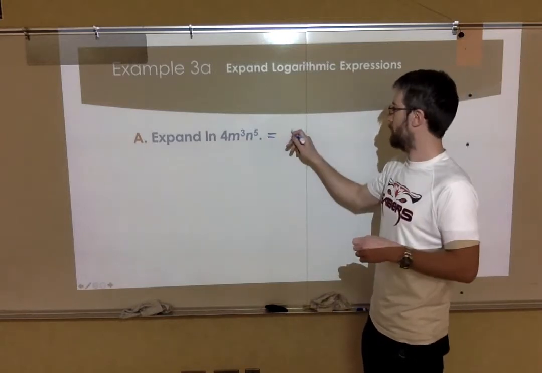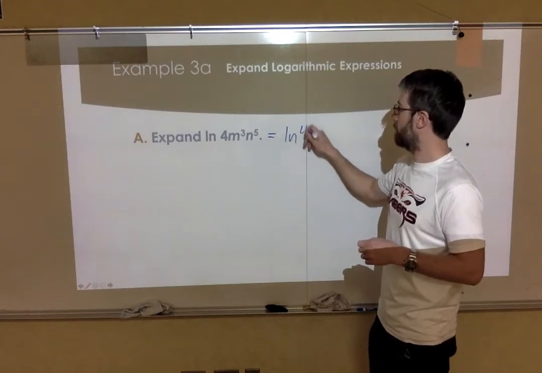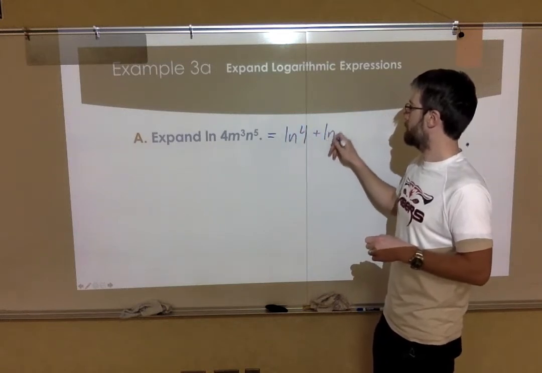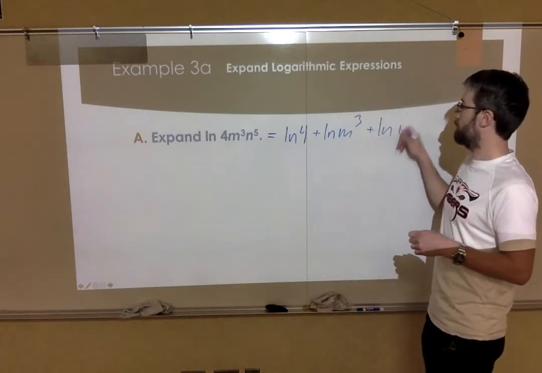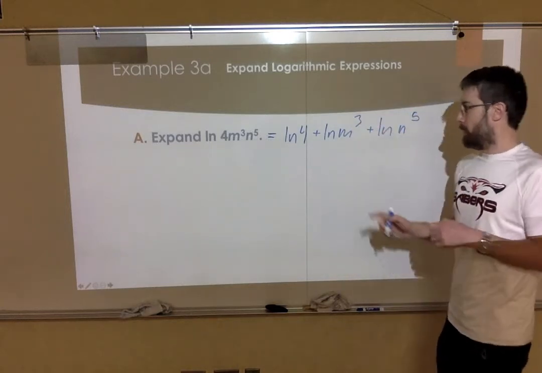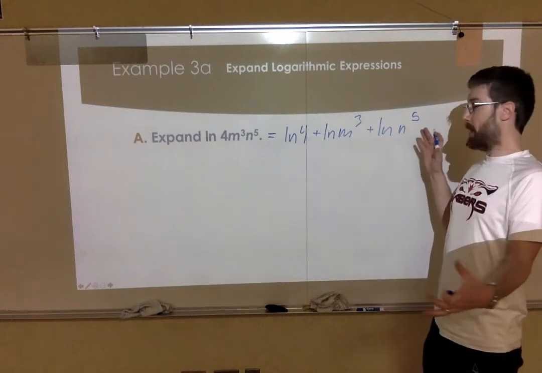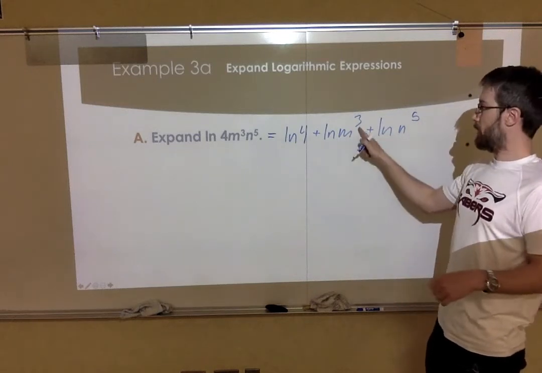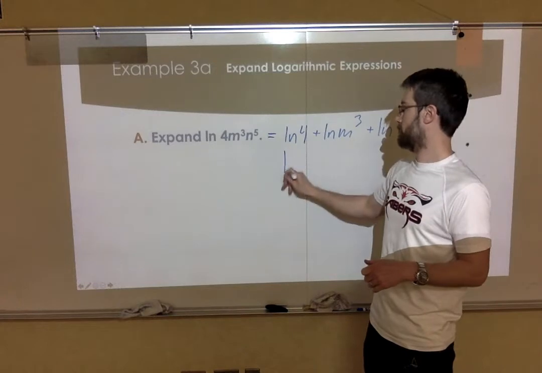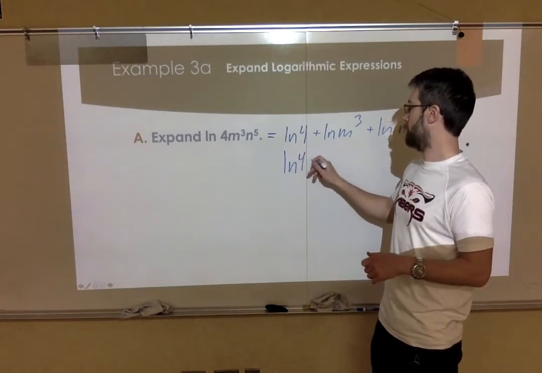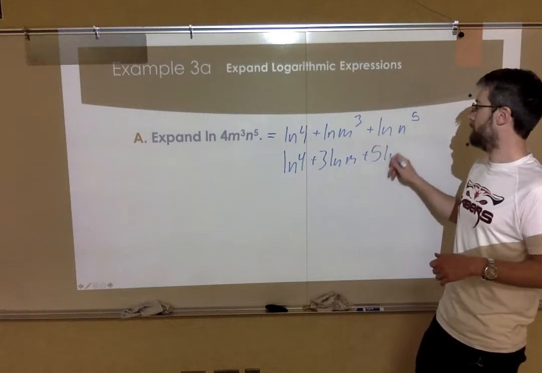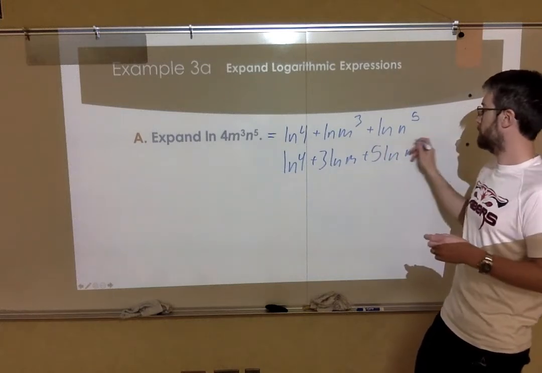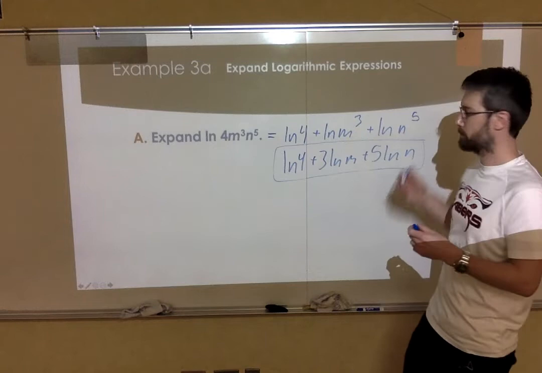Okay, so this is going to be natural log of 4 plus natural log of m cubed plus natural log of n to the 5th. So I expanded it using the product property. The last step is going to be to plug the exponents. Natural log 4, 3 natural log m, 5 natural log n.